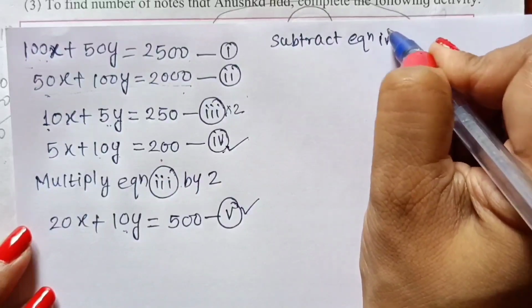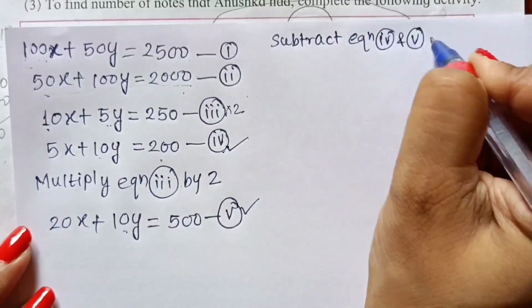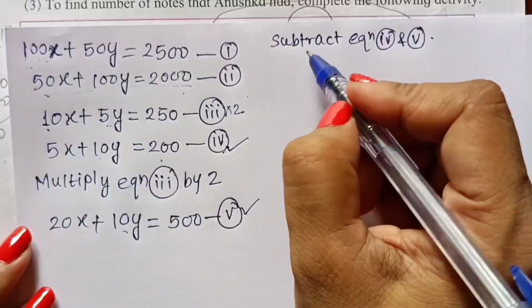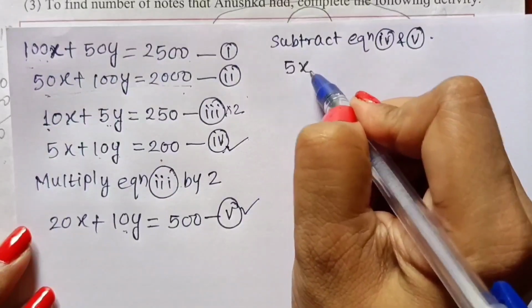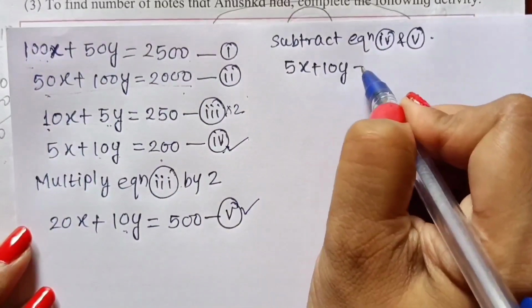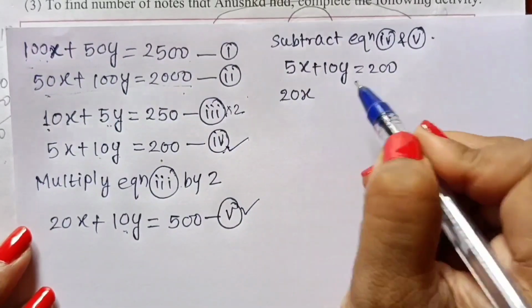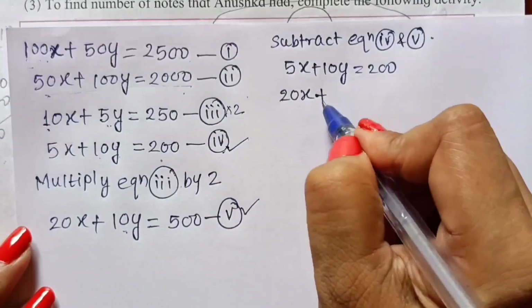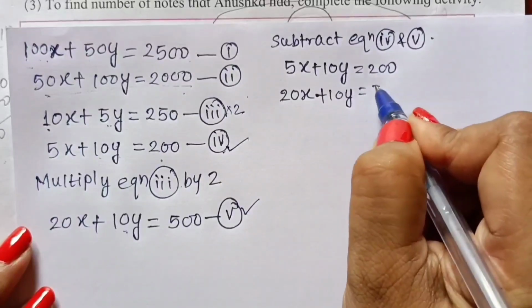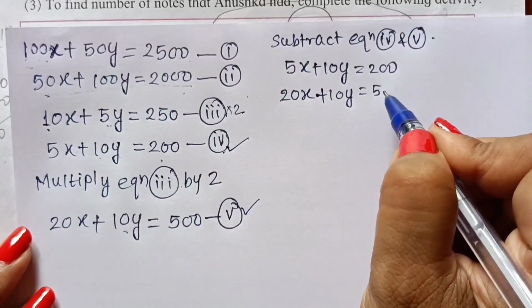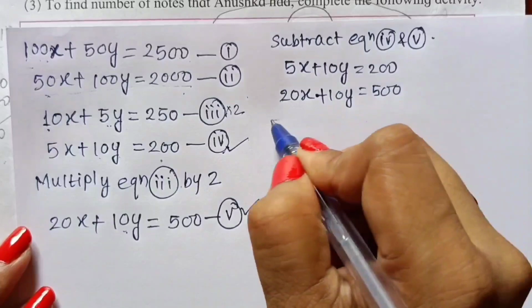equations 4 and 5. We will write both these equations one below the other. Equation 4 is 5x plus 10y is equal to 200, and equation number 5 is 20x plus 10y is equal to 500.